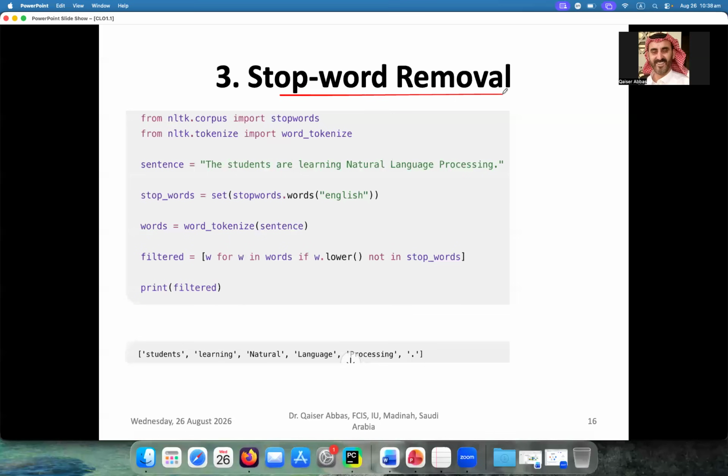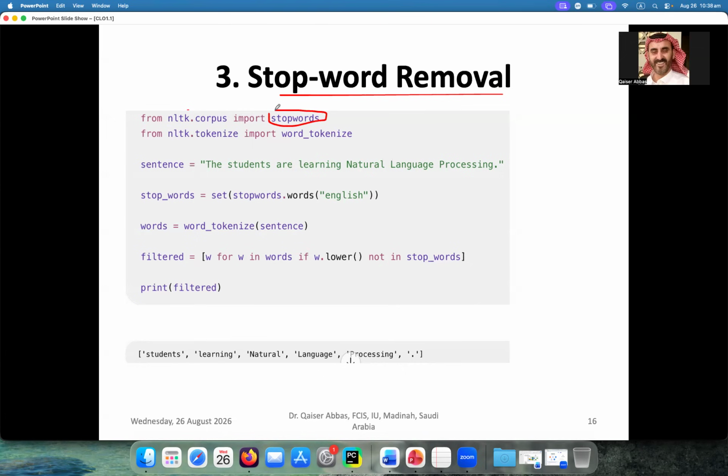Stop word removal. For this, again NLTK, there are some corpora available there, and we are importing stopwords from there. There is a corpus of stop words. What is a stop word? Frequent words. It means there is a file which has English frequent words in it.